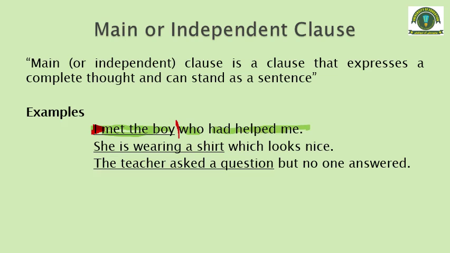Now let us separate these two parts of the sentence. These two are clauses. But what is the difference between them? If I say "I met a boy," you will come to know that there is a boy and I met him. The concept is clear. You don't need further elaboration. But what if I say to you, "who had helped me"?